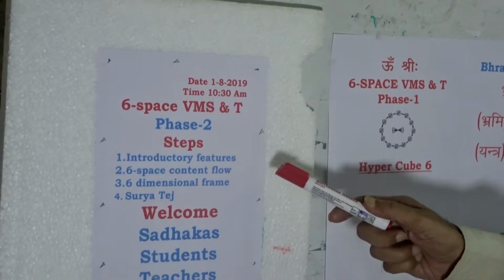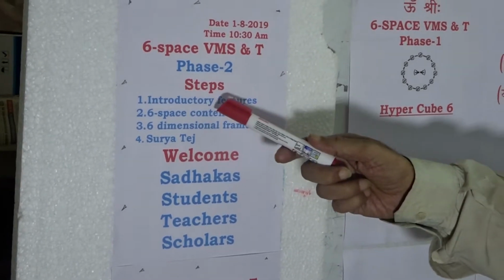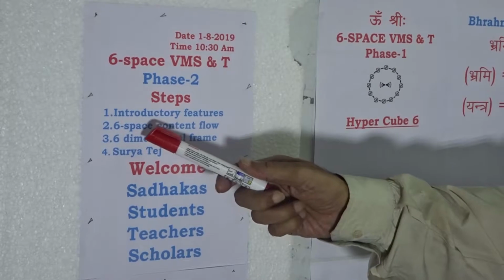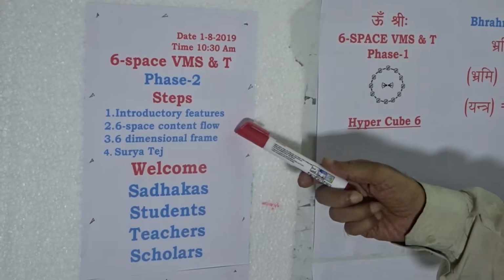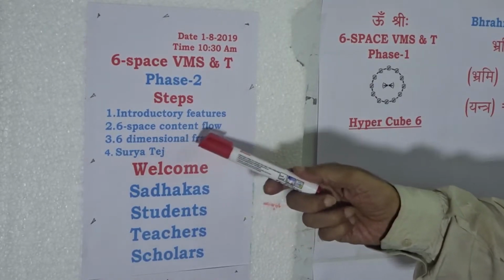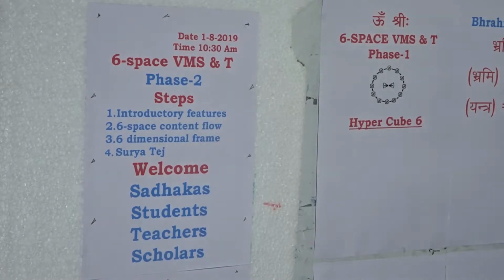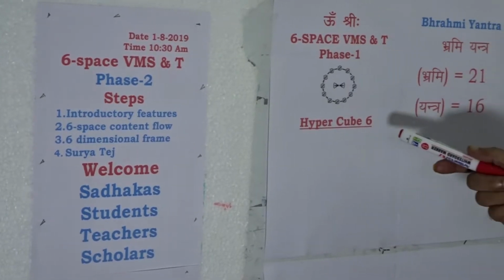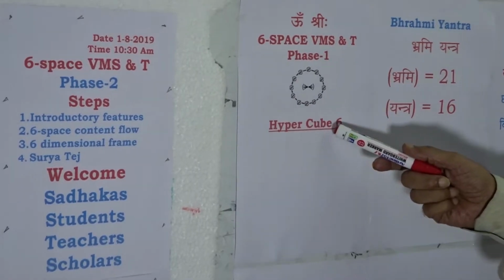In step 1, we had the introductory features. Then in step 2, we had 6 Space content flow features. In step 3, we have been initiating and exposing ourselves to the 6-dimensional frame. In phase 1, our focus has been upon the Hypercube 6 format.